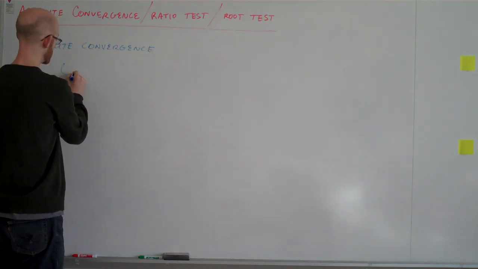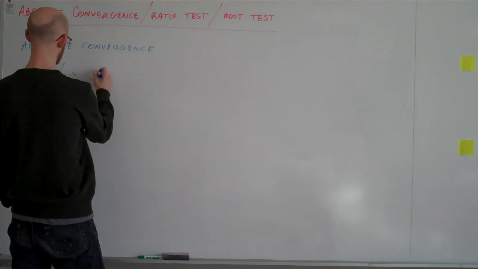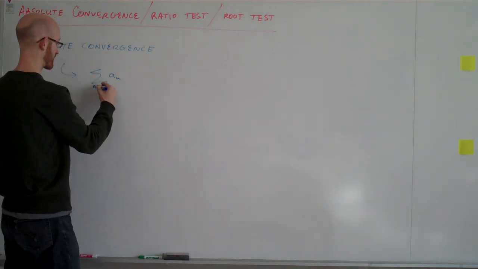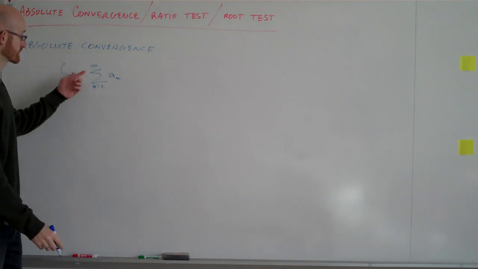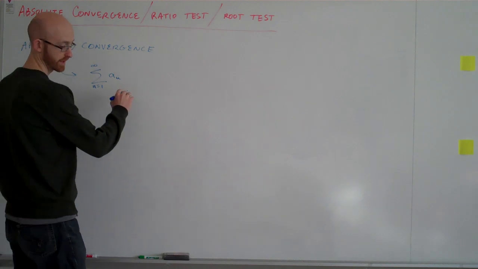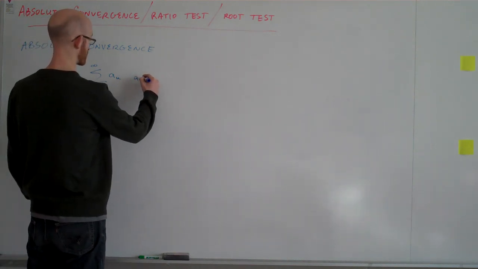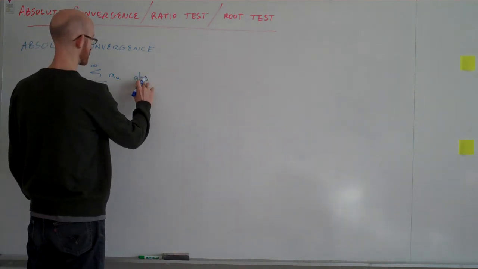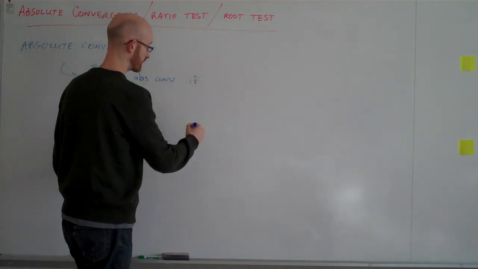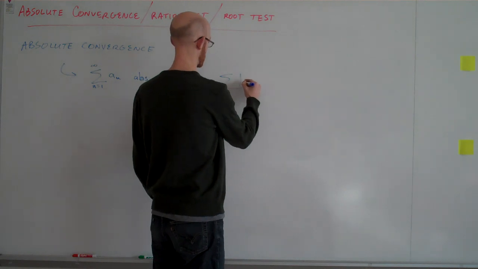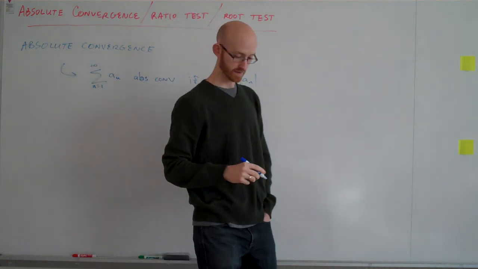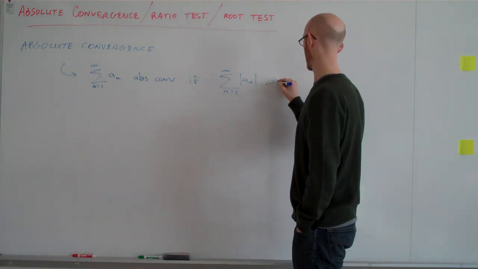Something would absolutely converge if you had this as your series, the infinite sum of the sequence a sub n. We would say that this absolutely converges if this was convergent.